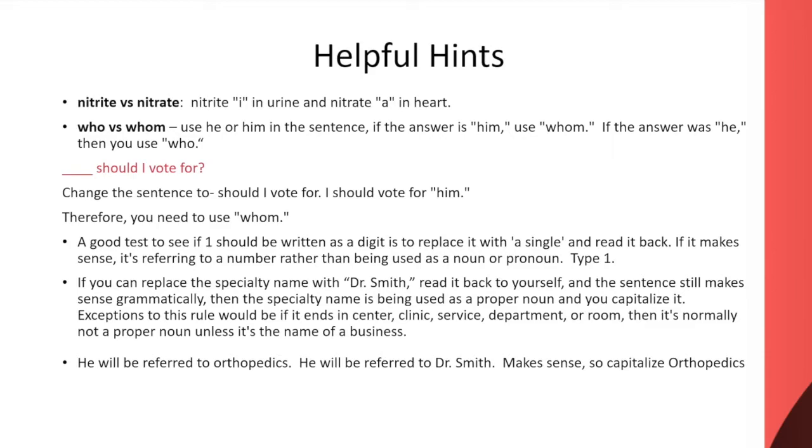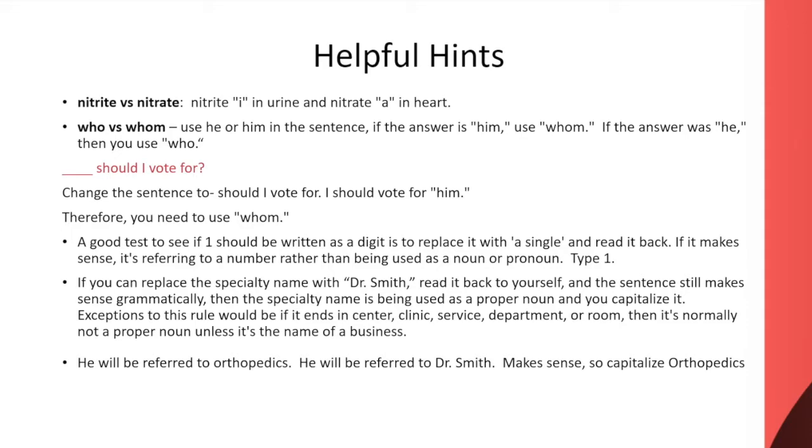Now, some students get a little confused on when to use the numeral 1 or when to type it out. A good test to see if 1 should be written as a digit is to replace it with a single and read it back. If it makes sense, it's referring to a number rather than being used as a noun or a pronoun. So therefore you would type the numeral 1.